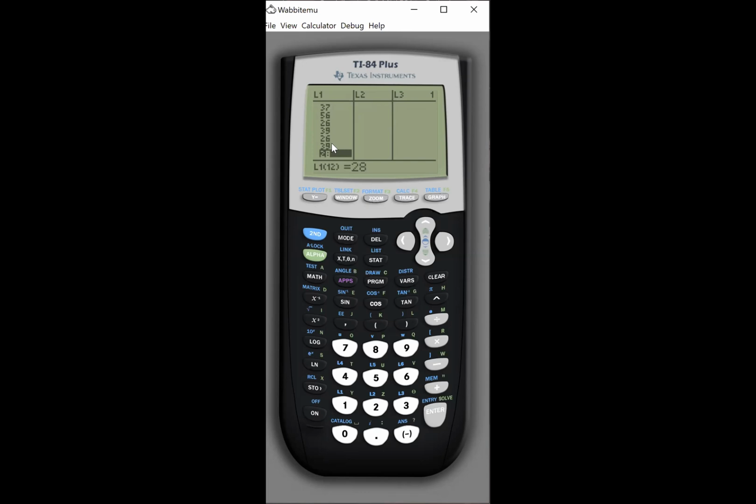If I want to find the mean, but also if you look at the question, it also wants you to find the sample standard deviation. I want to go to stats, you want to go to calculate, and you want to do 1-Var Stats. So you do 1-Var Stats, you say L1 is your data set, and go ahead and calculate. All right, so if you look at the very first thing, they gave me x bar, which is 38.25.